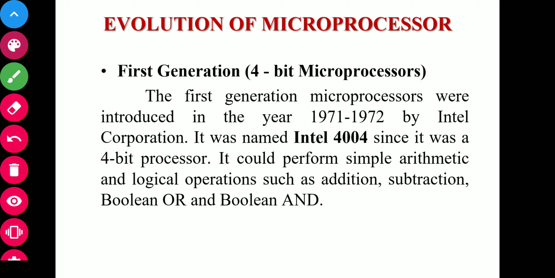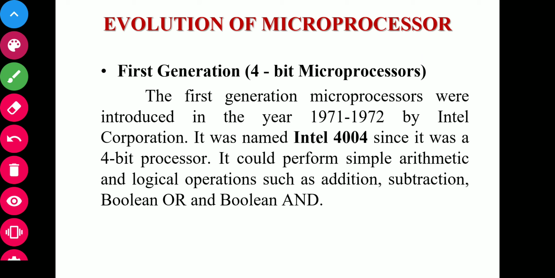That means it can perform only 4-bit operations. A 4-bit value may be 1001 or 1101, 1111 or 0000. Likewise, it can perform only 4-bit operations.